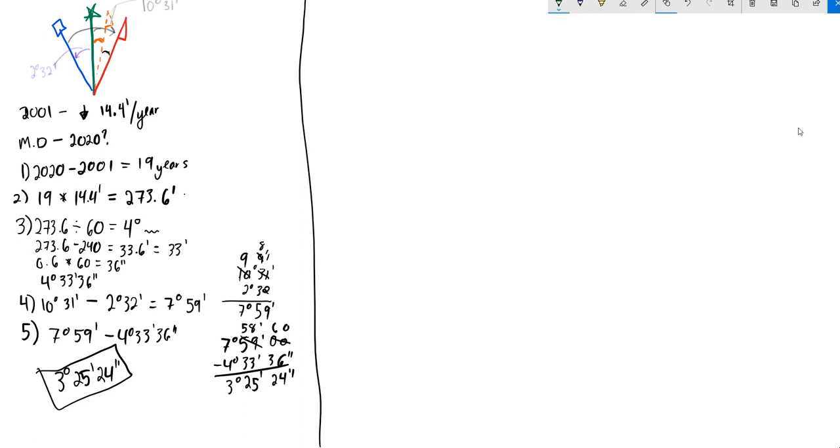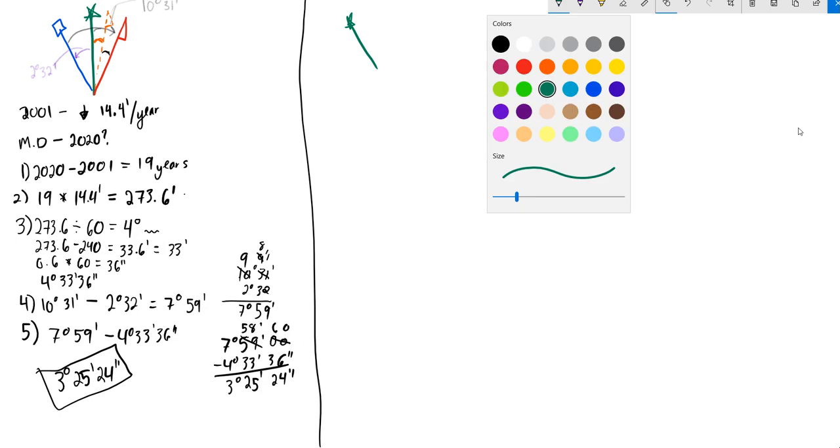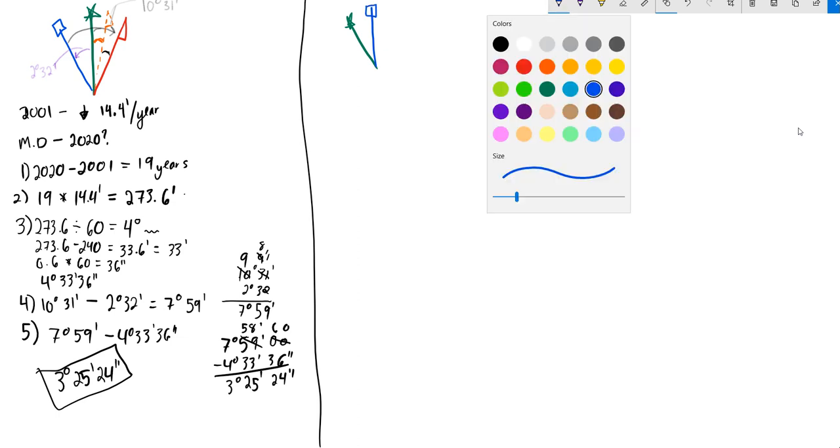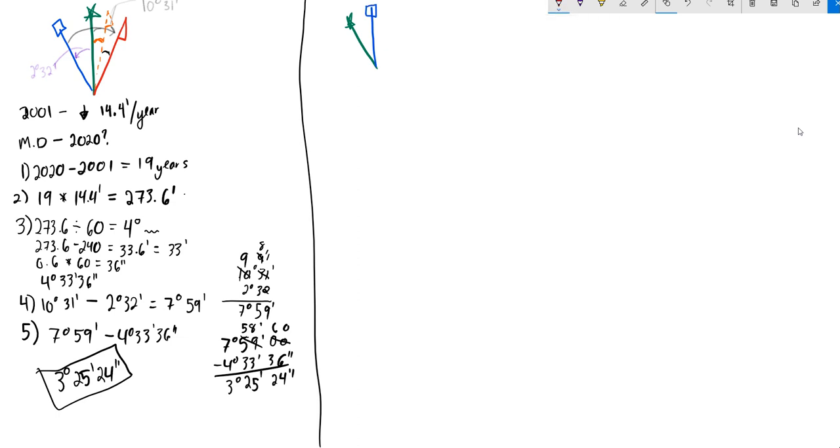So I'm going to go back. I'm going to draw a new idea as to what you could see, because there's all different ways to place these and add values and everything else. What if we mixed up the norths like this?